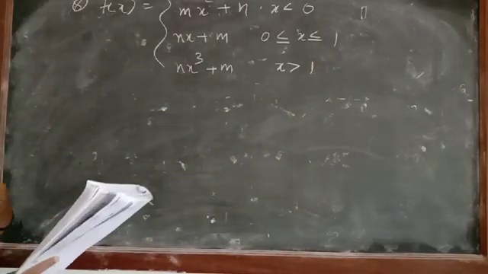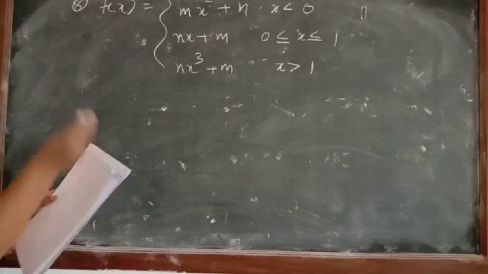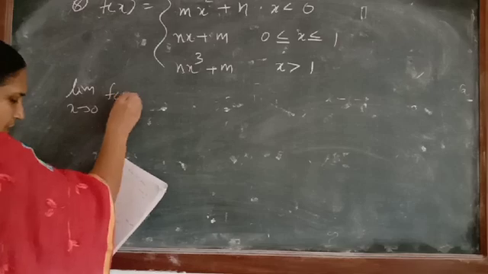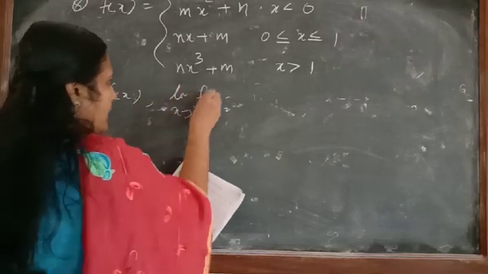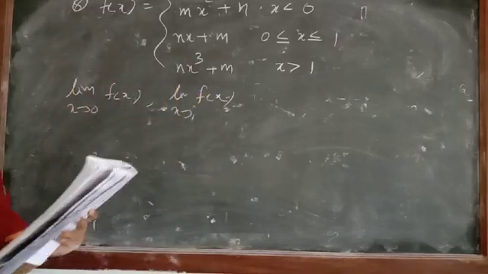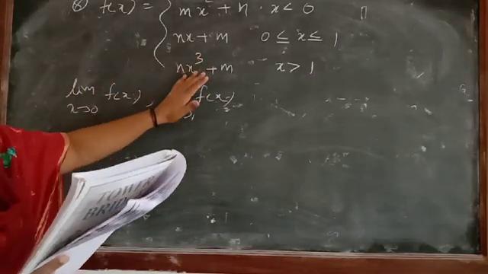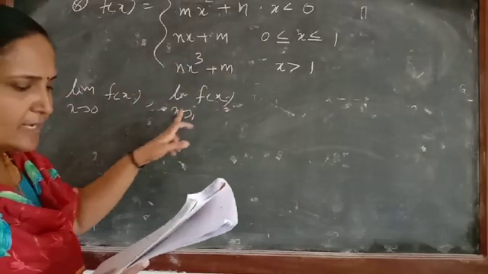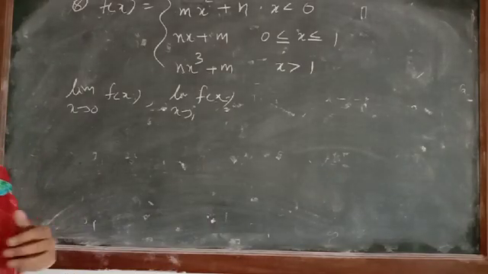Question is, for what integers m and n do both limit x tends to 0 f of x and limit x tends to 1 f of x exist there? Now you can check here.